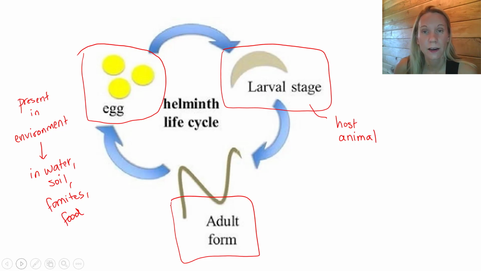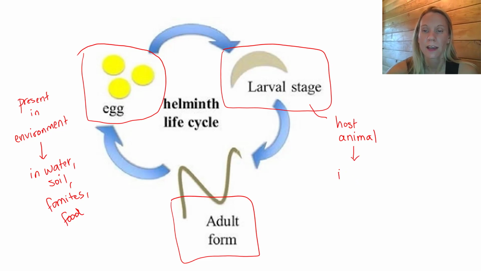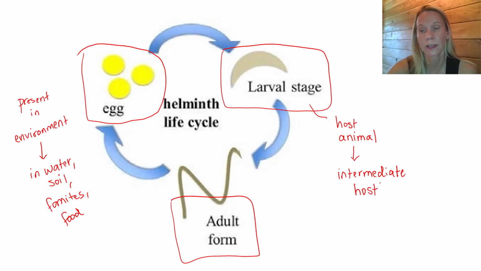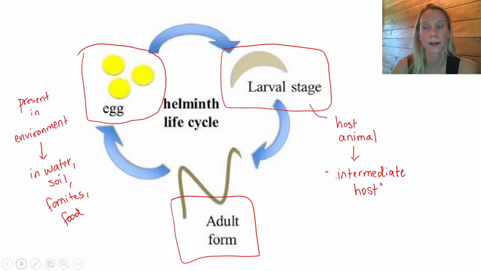So in some of the instances we're going to discuss today, the host animal that hosts the larval stage of the helminth worm is referred to as the intermediate host. In other words, the parasite only spends a temporary time inside of that particular animal body, and not the adult form, so just the larval form.